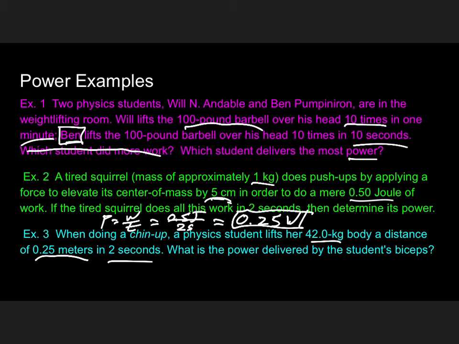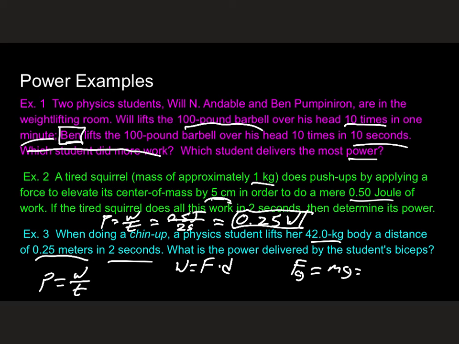And if you remember, we, for power, need work over time. Luckily, we know that work is equal to force times distance. And we're also able to say that force of gravity is equal to mass times little g.